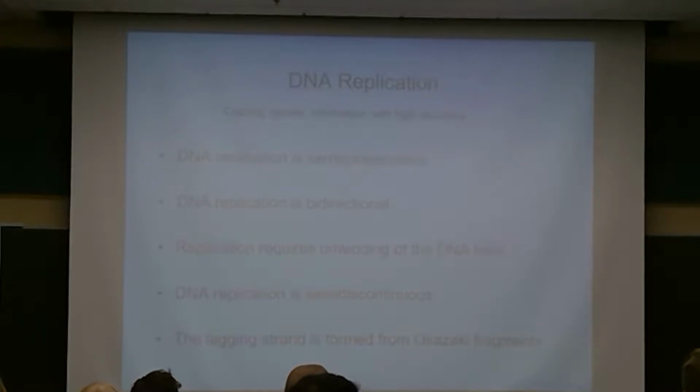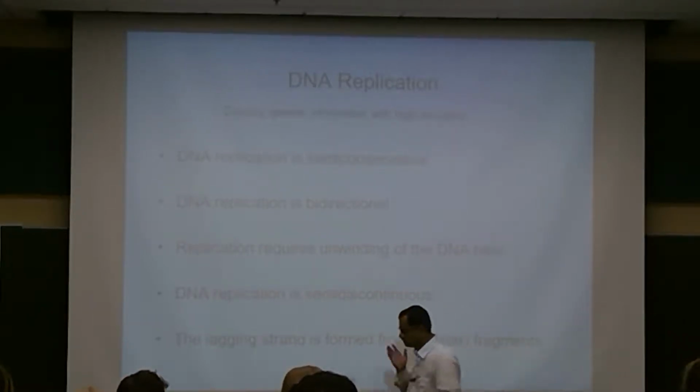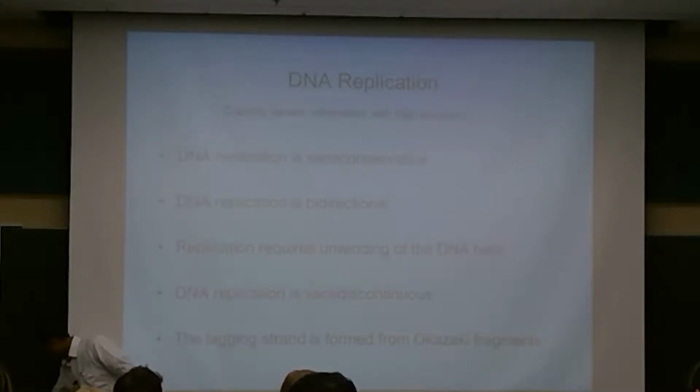DNA replication is semi-conservative. It's bidirectional. Replication requires unwinding of the DNA helix. DNA replication is semi-discontinuous. Correct? All these statements make sense. Lagging strand is formed from the Okazaki fragment. So let's review what we did.